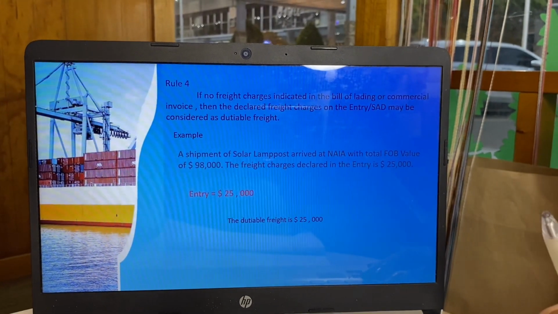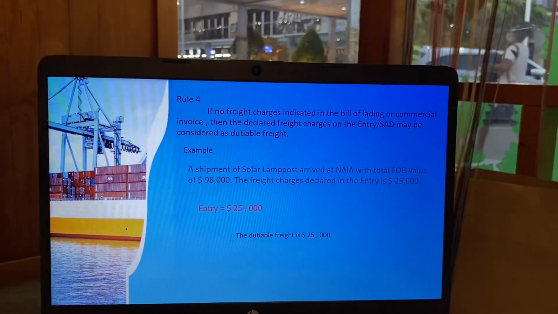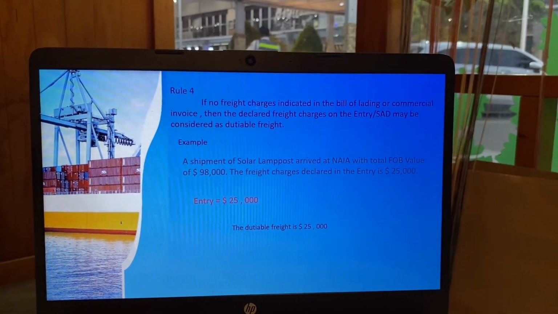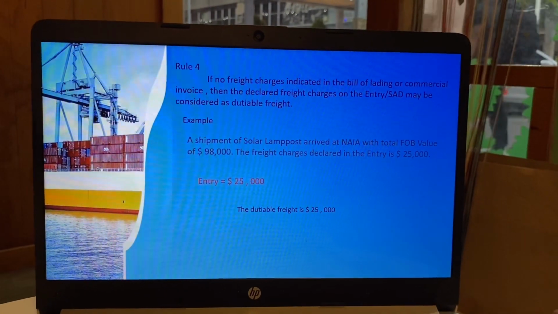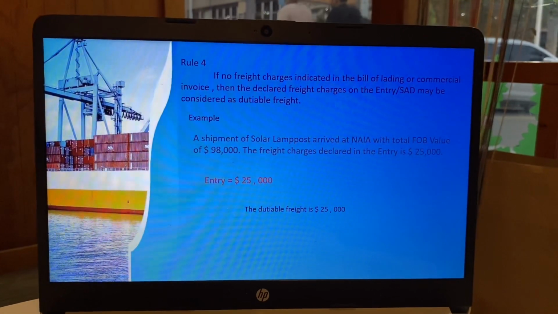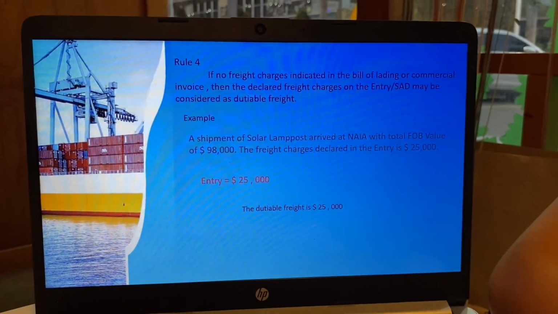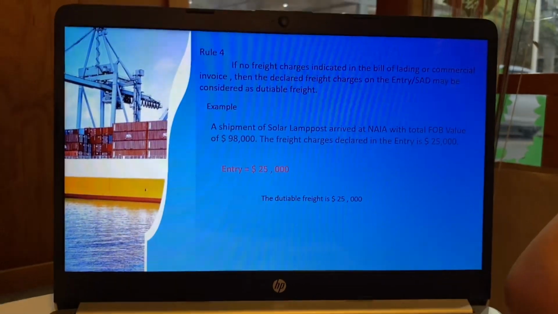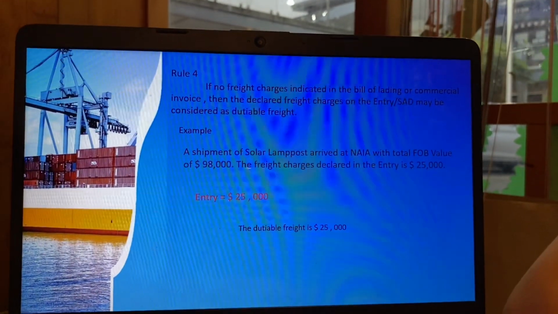So rule number 4. If no freight charges are indicated in the bill of lading or commercial invoice, then the declared freight charges of the entry or the SAD may be considered as dutiable freight. So let's go back to rule number 1. Rule number 1 states that the freight charges we use are those stated in the bill of lading.